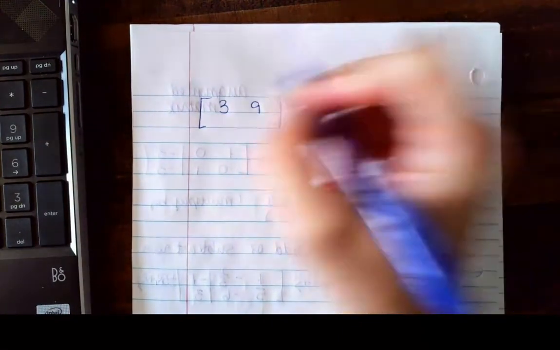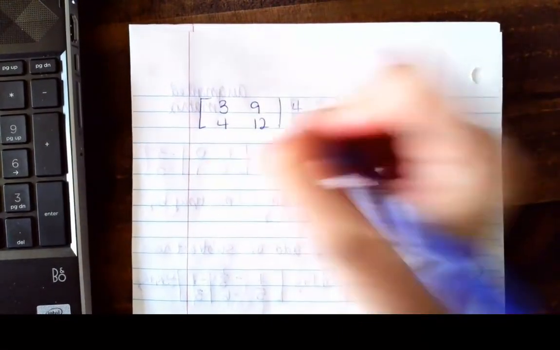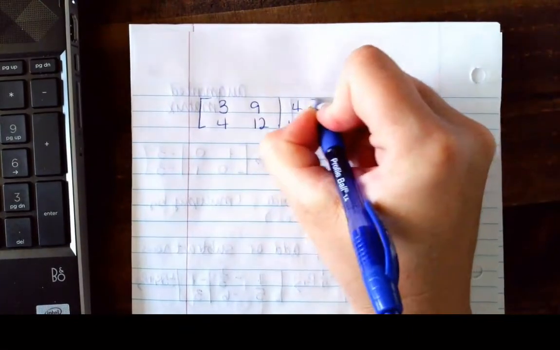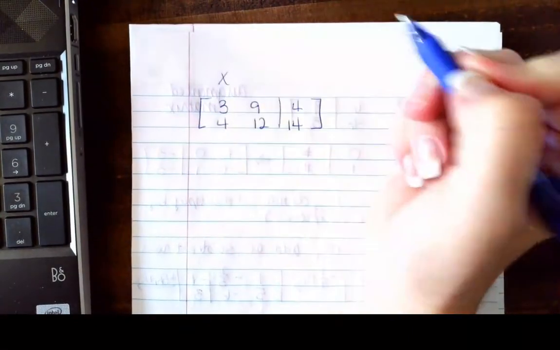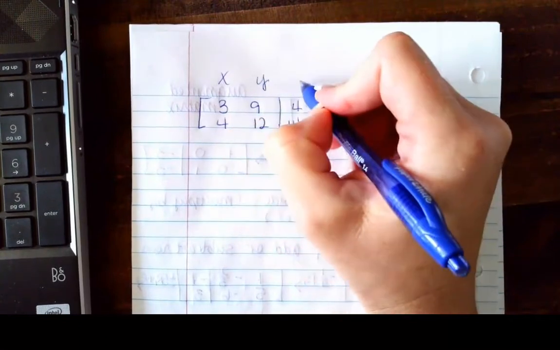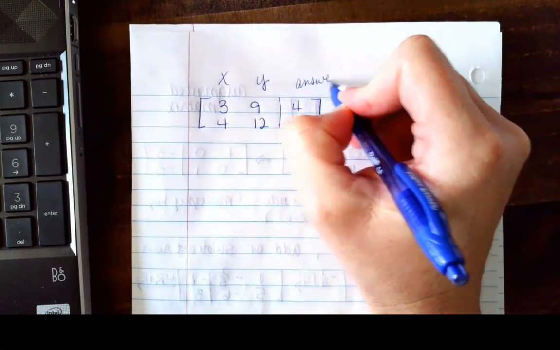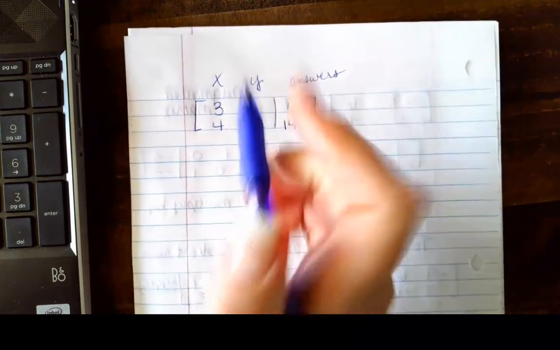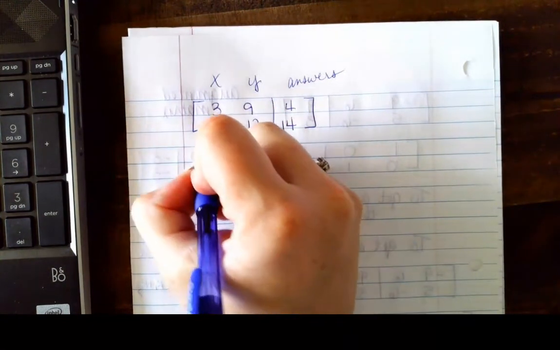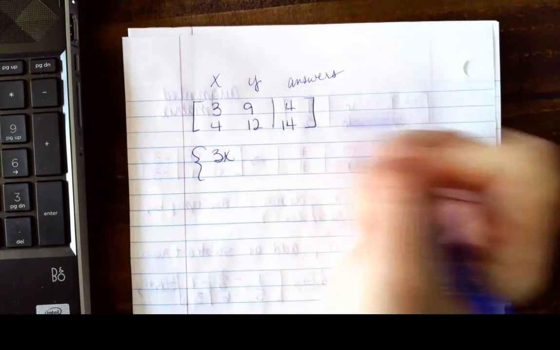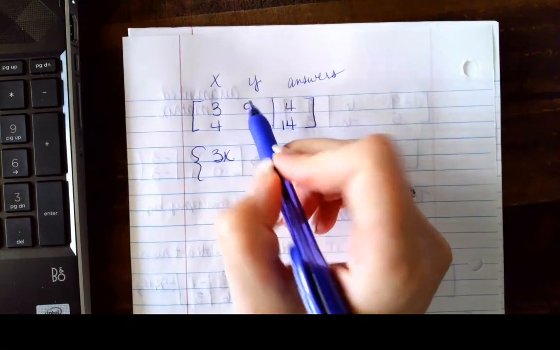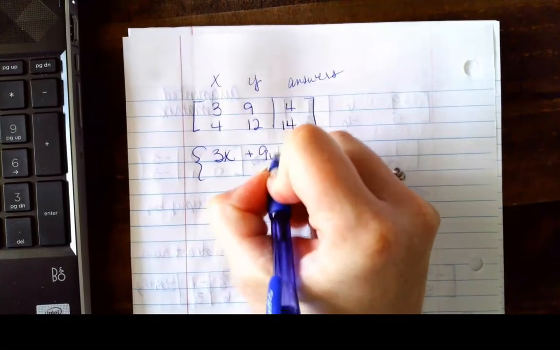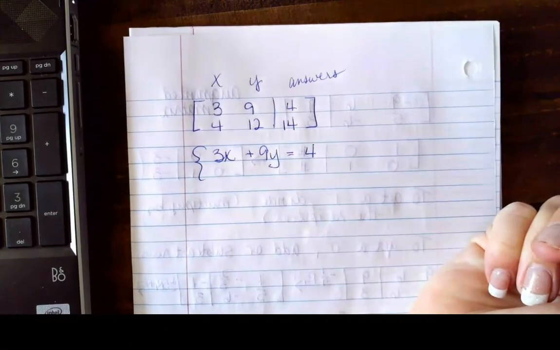So if I have this set up, 4, 12, 14. Remember, this is your X column, this is your Y column, and this is your answers column. And that vertical bar simply means that's where the equal sign goes. So this actually means you have a 3x, positive 9 means you got a positive 9y, and that's going to equal 4.